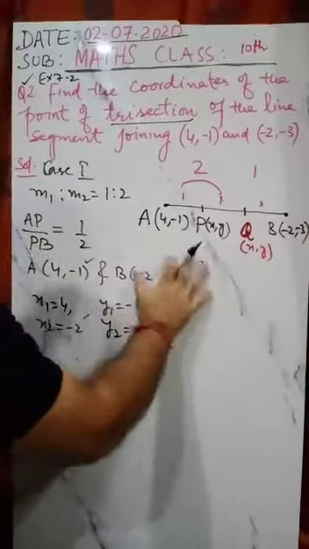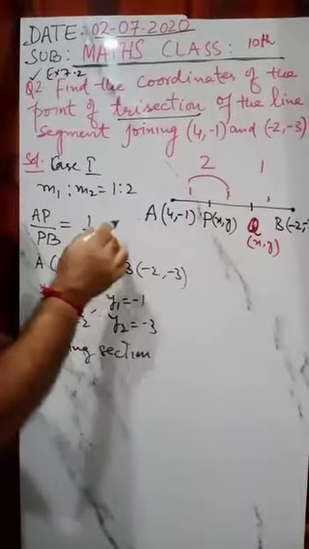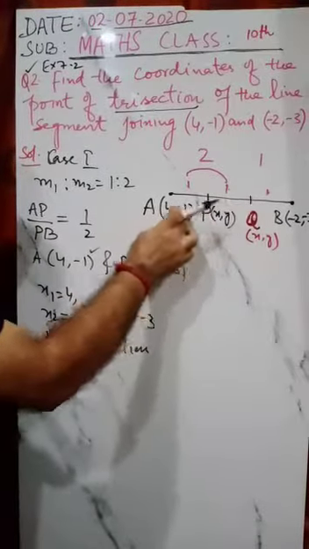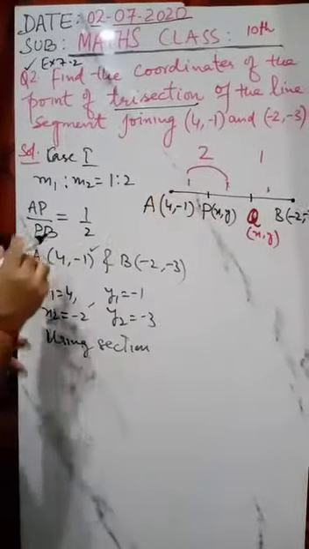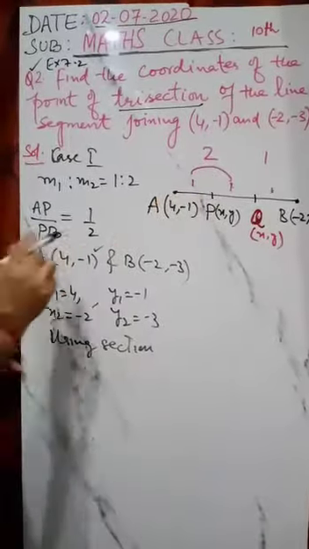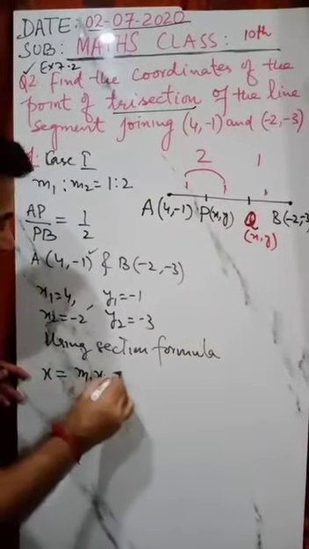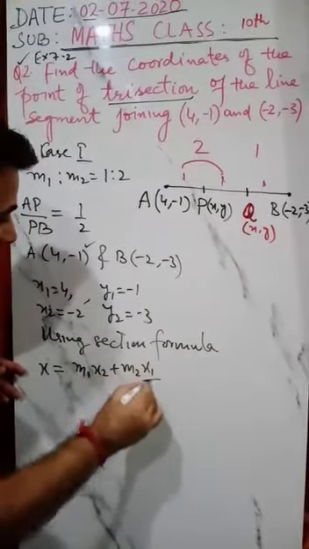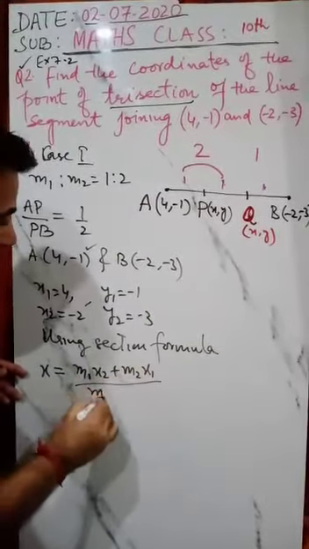Let us move further and apply the section formula here. Taking case number first, P(x, y) is the point which divides AB in the ratio 1 is to 2. Using the section formula to find the value of x: x equals (m1 x2 plus m2 x1) upon (m1 plus m2).